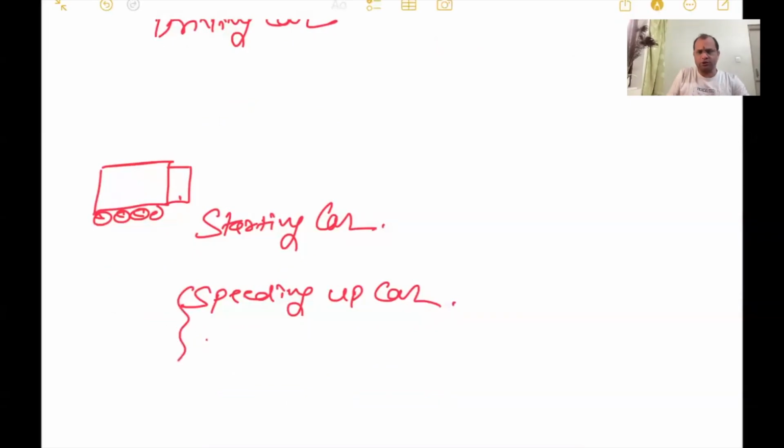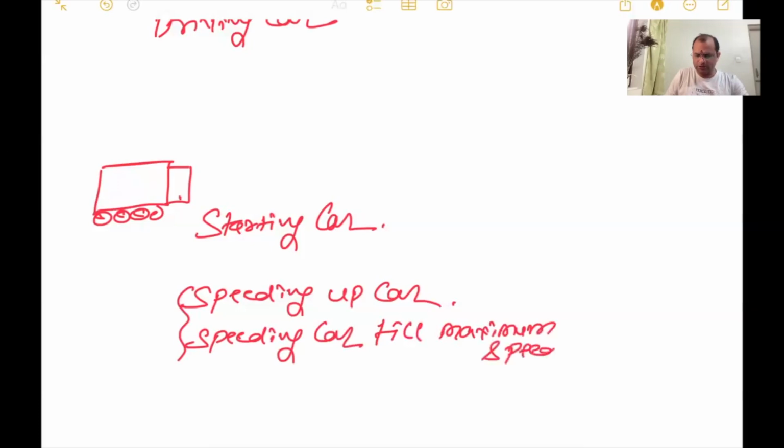In process number 2, you will be speeding the car till the maximum speed. So number 1 is starting the car, number 2 is speeding and taking it till the maximum speed.